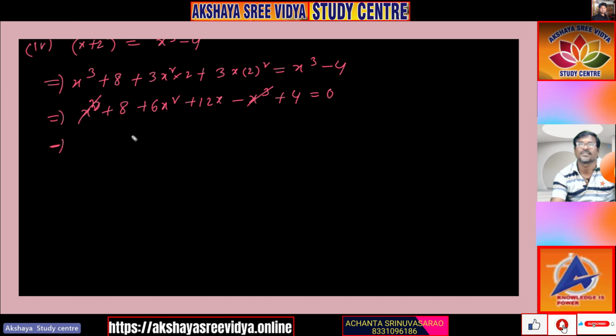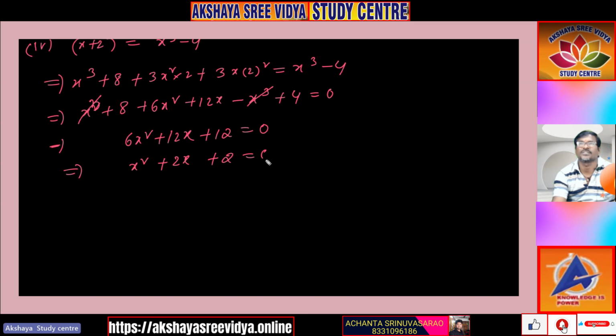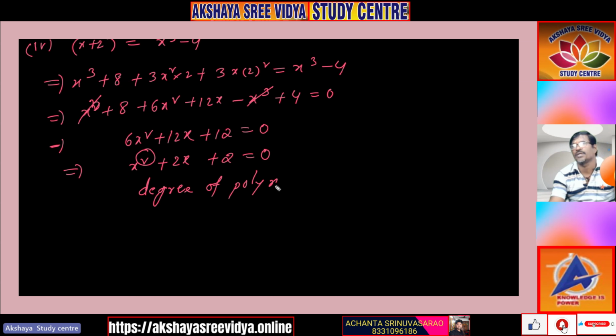This implies 6x square plus 12x plus 12 is equal to 0. This implies x square plus 2x plus 2 is equal to 0. The degree of polynomial is 2.